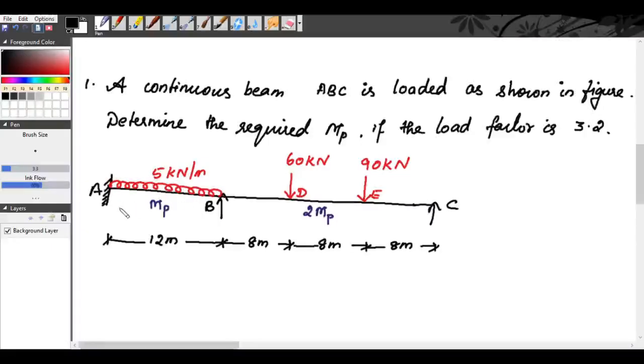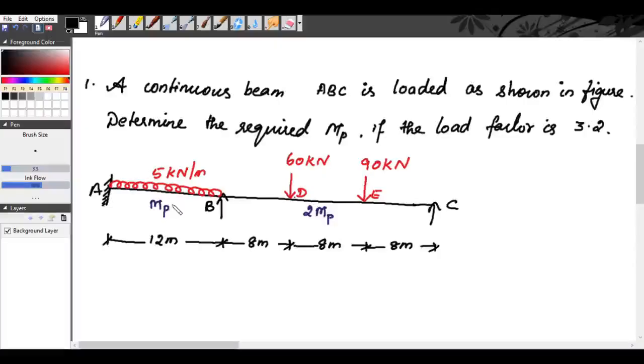And this span AB is 12 meter long. The span BC is 24 meter long. And you have a 60 kilonewton concentrated load at a distance of 8 meter from B acting at D, and a 90 kilonewton concentrated load acting at a distance of 8 meter from C acting at E.